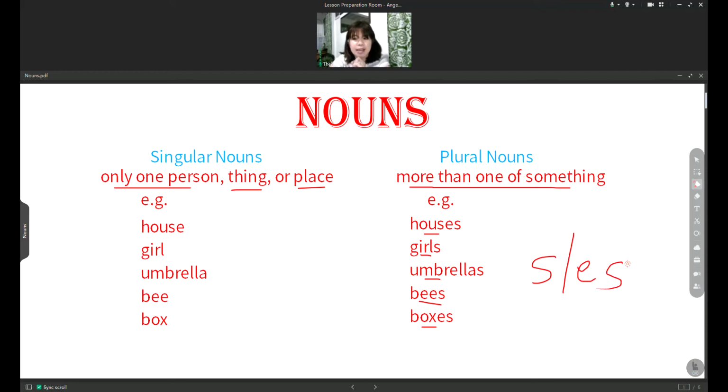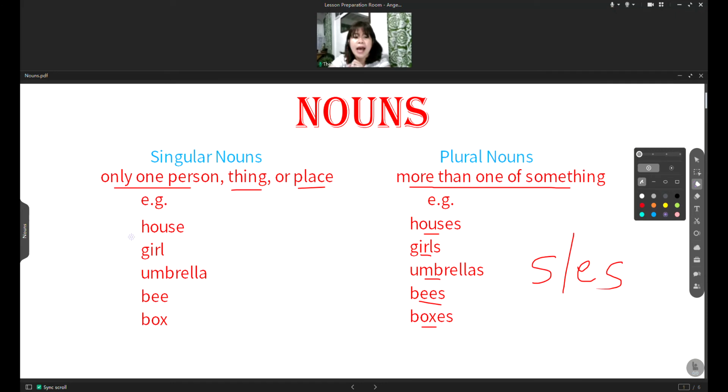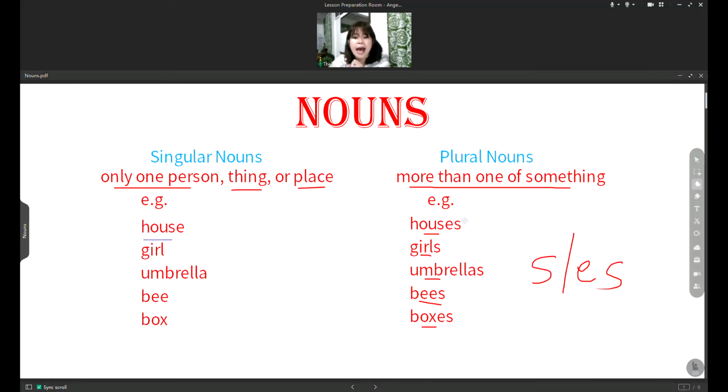Now let's see here. We have house, houses. We add s. Girl, girls. Umbrella, umbrellas. Bee, bees. Box, boxes. So we have s or es.